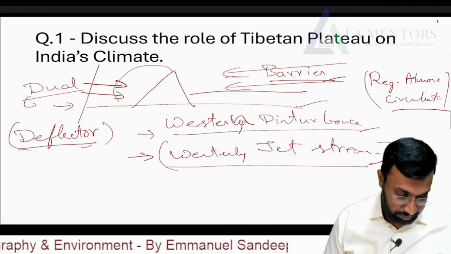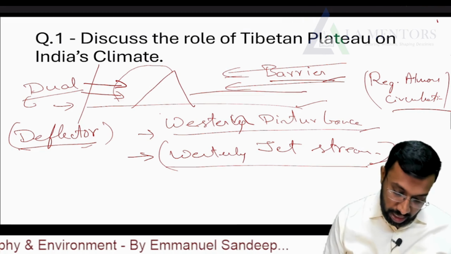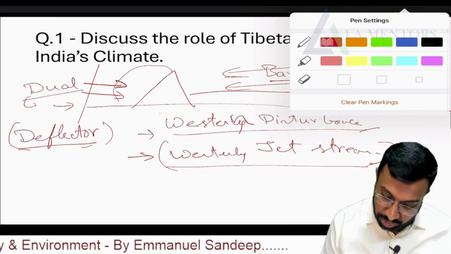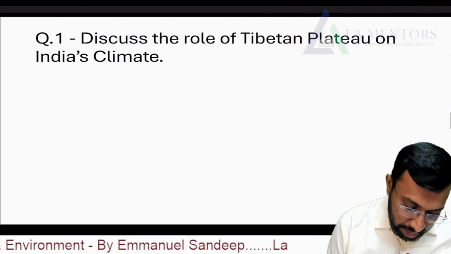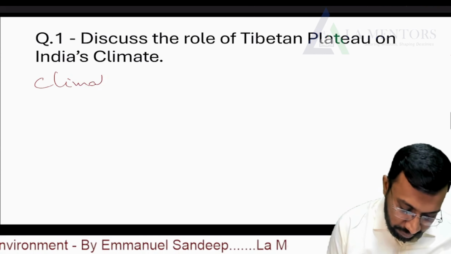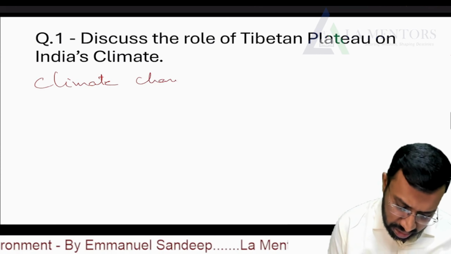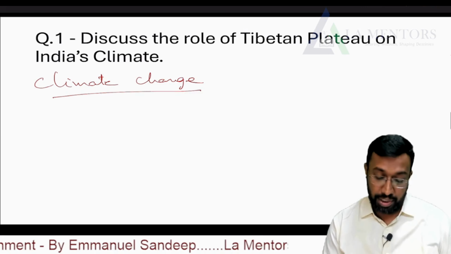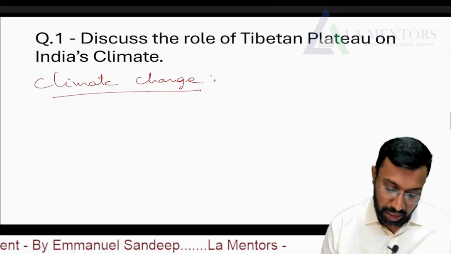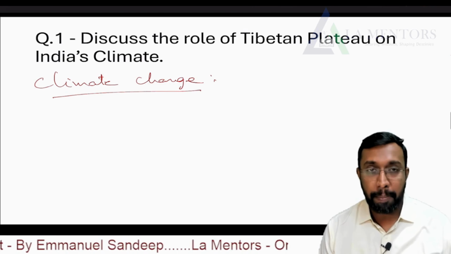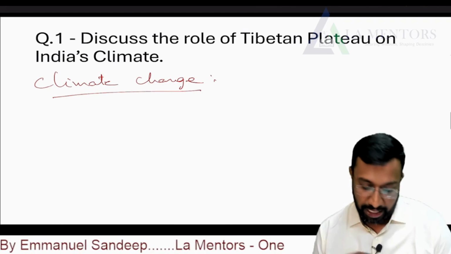Moving further into this answer, you can also say that there is an impact of climate change, because we are here for discussion, right? So climate change is also impacting the climate of India.